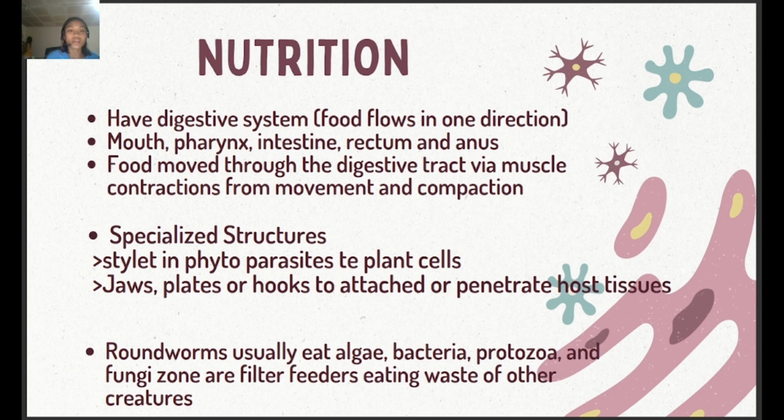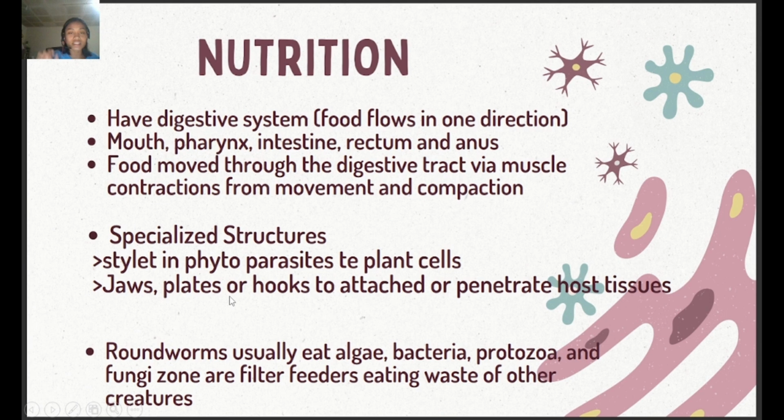So, phytoparasites have specialized structures, like jaws, plates, or hooks, to attach to or penetrate host tissues. Most roundworms suck, so these specialized structures are what they use to pierce their host.